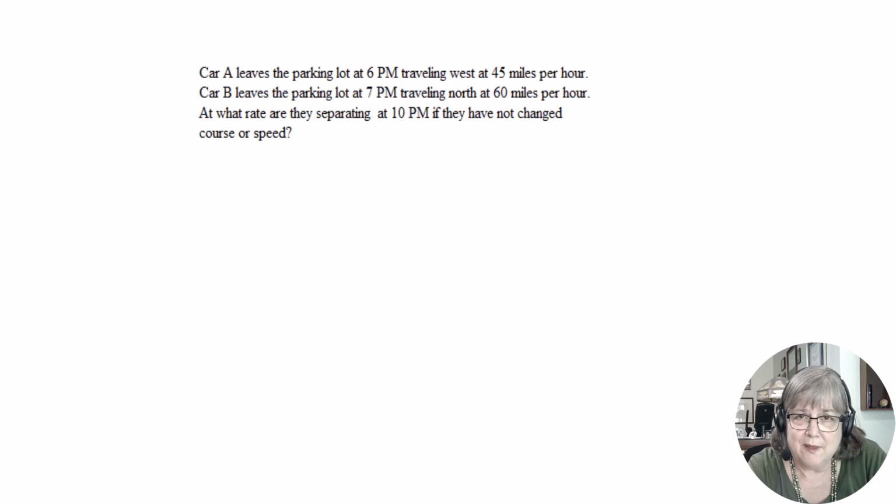That's a good question. So we have a parking lot. Again, it helps sometimes if you draw a picture to try to figure out what you're doing. Car A is going to leave the parking lot at 6 p.m. traveling west. So let's say this is west. They're going to travel west at 45 miles per hour, right? And this is car A. Car B leaves the parking lot traveling north.